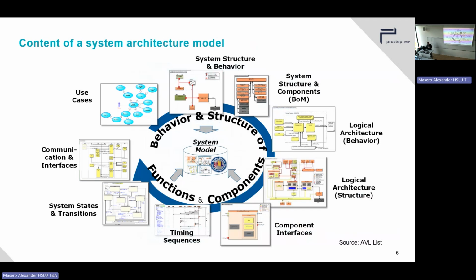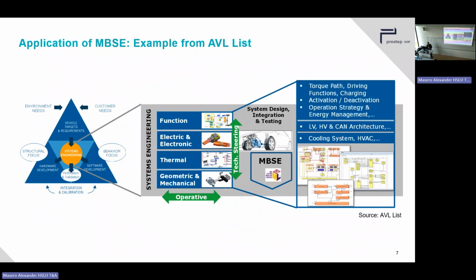To give you another, hopefully even more concrete example, this is again taken from our AVL internal slides. This is our understanding of systems engineering and what we use it for. The starting point is the top of the pyramid, where you define your targets and requirements.